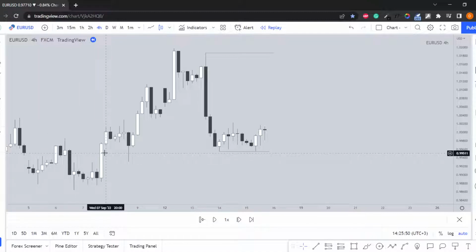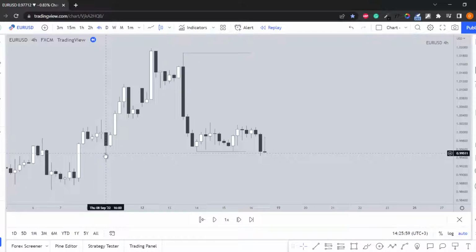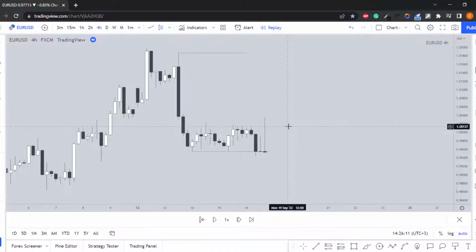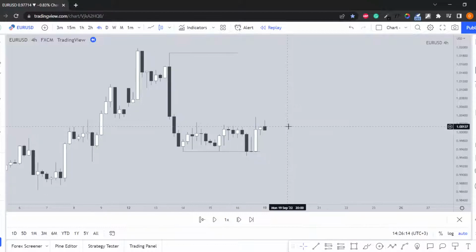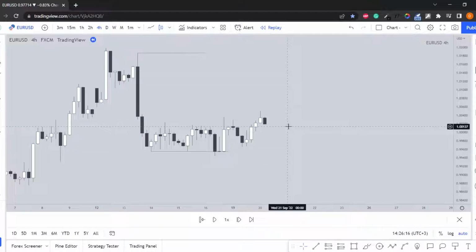We will of course discuss the quality of the breaks later, but now we want to keep things as simple as possible. So again, you see, we actually didn't have a break of structure because we have this wick, but no body close below the level, and so the structure still holds.